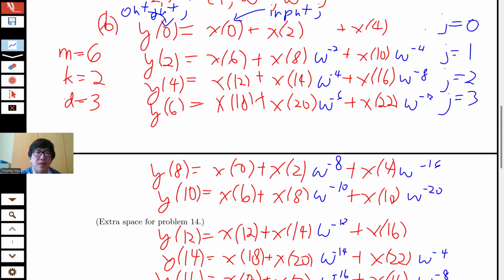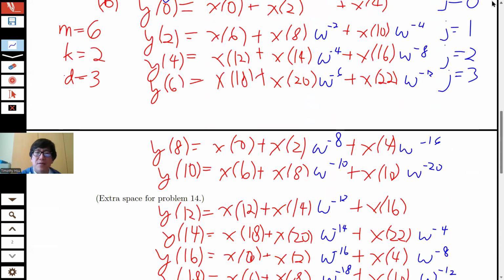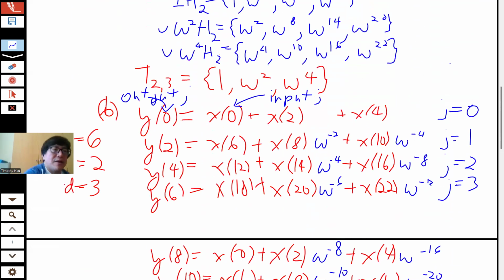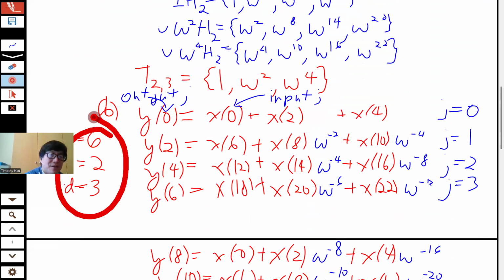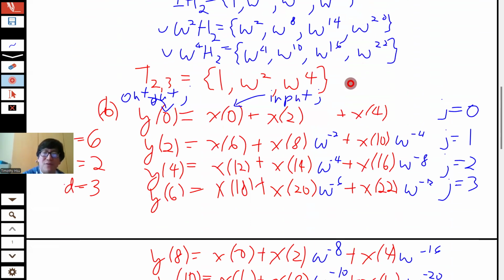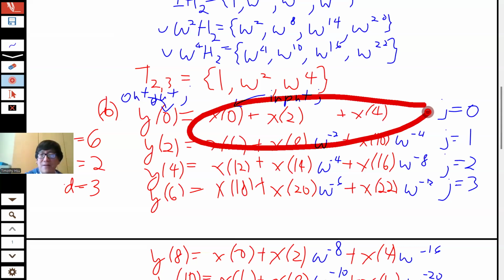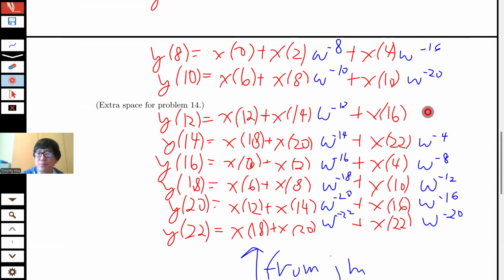Here, D is 3, right? And you can see that 3 in a number of different places. D is 3 because of this equation here, but D is 3 because there are 3 elements in your transversal. D is 3, and therefore there are 3 summands in each one of these individual equations.